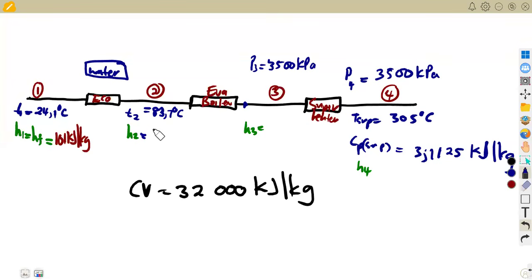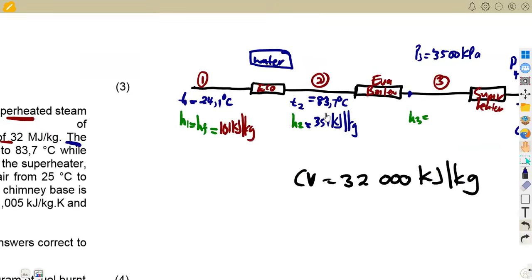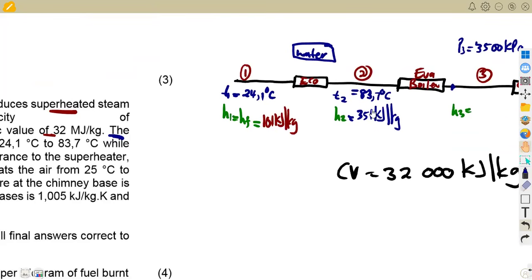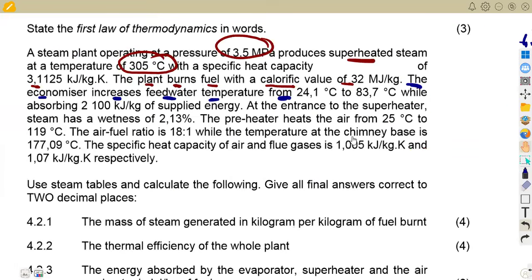You're going to do the same thing, understanding what is happening here: is it wet or is it dry, and so forth. But these ones, because this is still water, you can just take directly from your steam table.